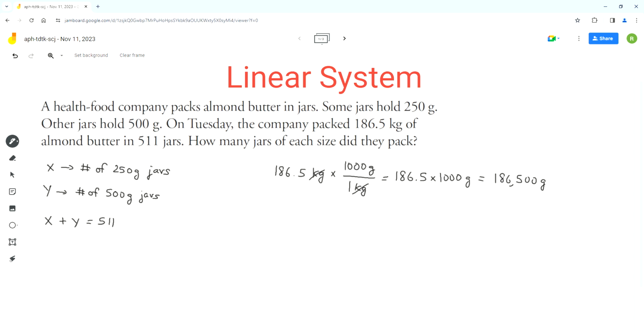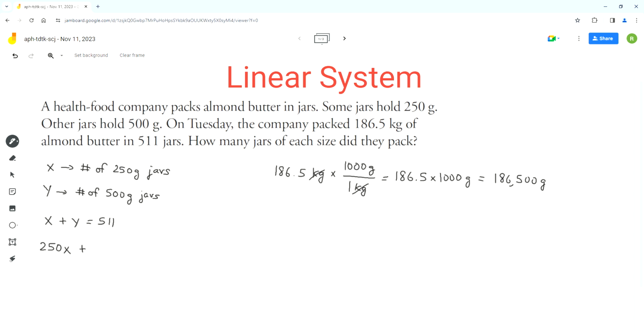So now we can write our second equation. The total weight of almond butter in 250 gram jars will be 250x, because x is the number of 250 gram jars used.